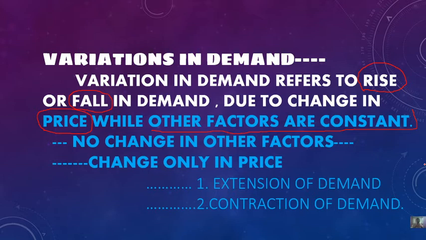While you study the concept of variation in demand, you must use the words rise and fall and not increase and decrease to show the change in demand, because rise or fall in demand due to change in price while other factors are constant is known as variation in demand. Increase and decrease is a different part, related to change in demand.